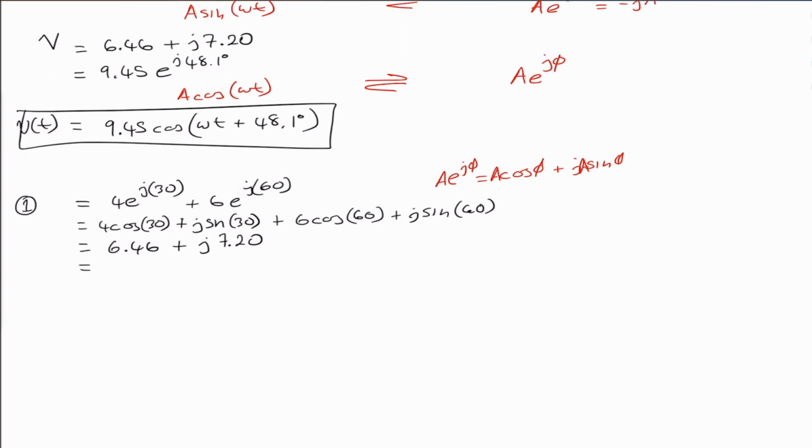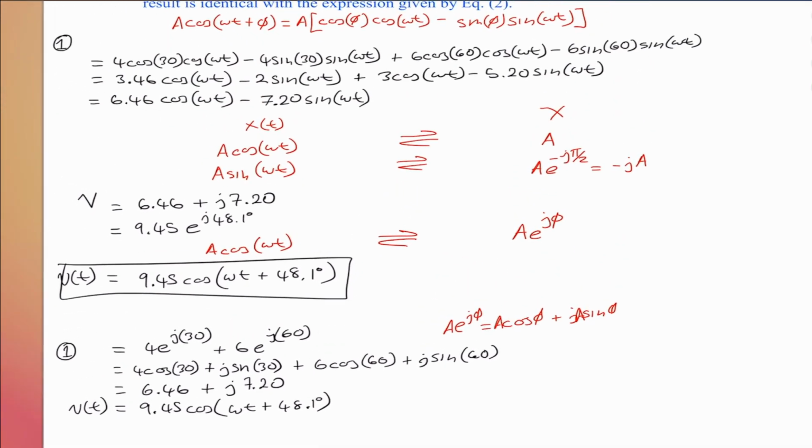Therefore, we end up with the same result, which should have been 9.45, and that's cosine omega t plus 48.1 degrees. So there we have it.